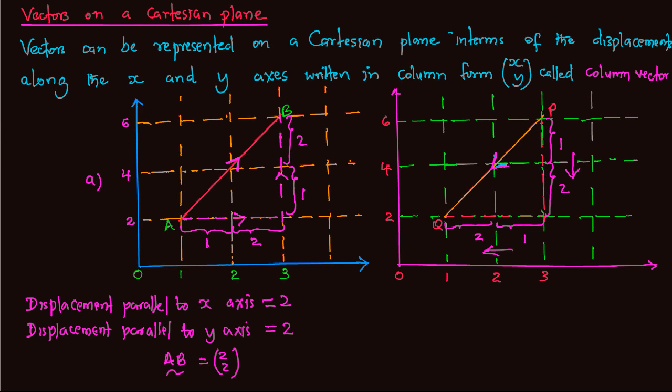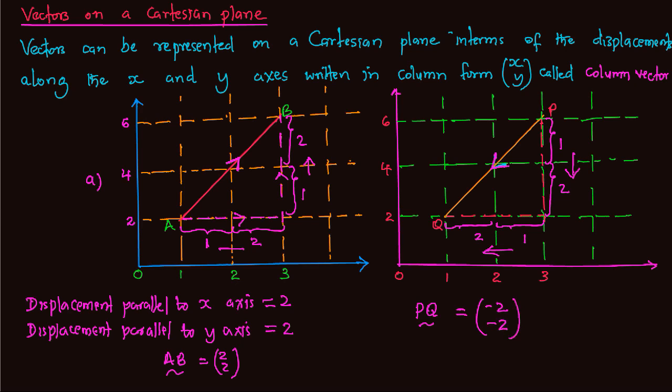Note the direction: in the first case the direction was towards the right and upwards, while in the second case, the direction is downwards towards the left. So in this case, vector PQ is equal to (-2, -2).